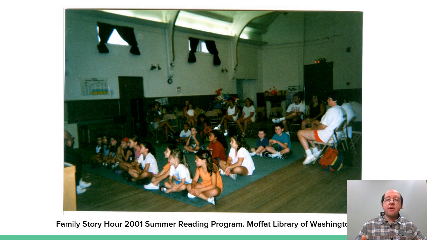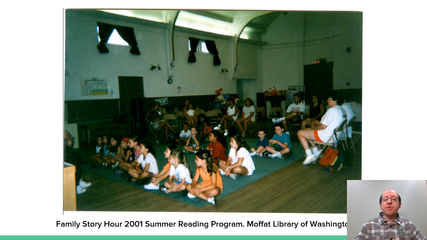changed over time. This is now our adult wing, but back when this photo was taken in 2001, the library building was operated by the Town of Blooming Grove Recreation Department. So you see this room is set up more for dancing, parties, balls, physical activities.